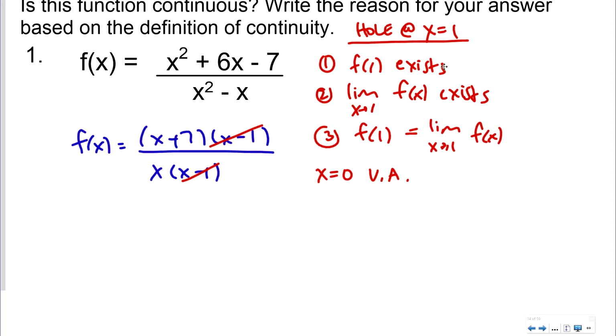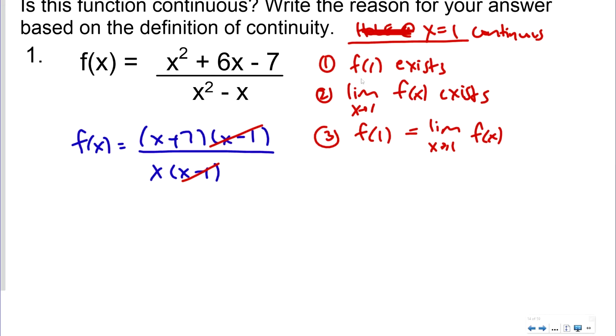If we can prove any one of these things false, then this function will be discontinuous at x equals 1. If you're continuous at x equals 1, then all of these things would be true. So let's first look at f of 1.